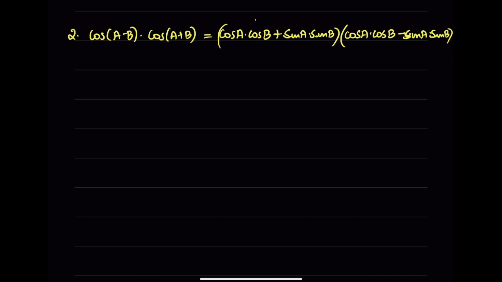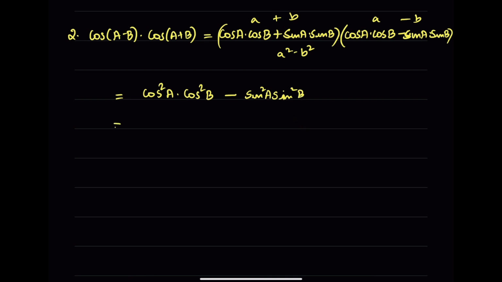So this is again a plus b and a minus b, so we can write it as a² − b². So this will be cos² a cos² b − sin² a sin² b.